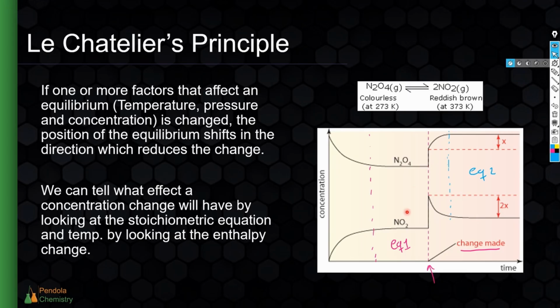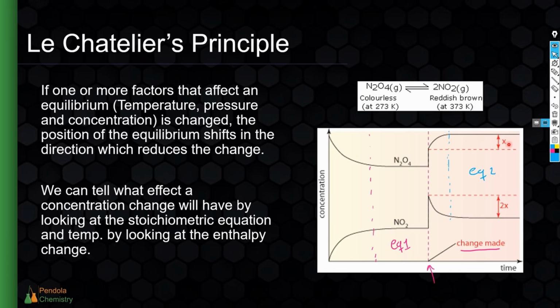Notice how the concentrations are starting to stabilize. They start to become constant again. Now, this is not going to change the stoichiometry or anything like that. Notice how it's a 1-to-2 ratio in the stoichiometry between N2O4 and NO2, and the changes reflect that.